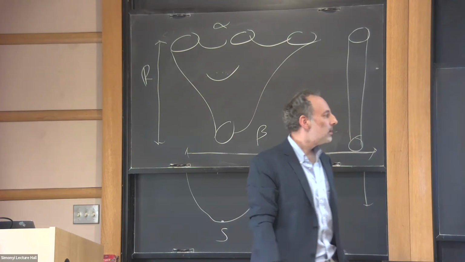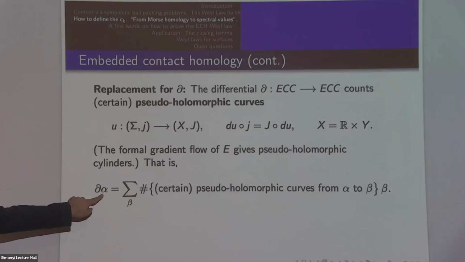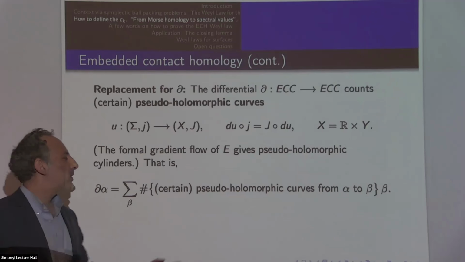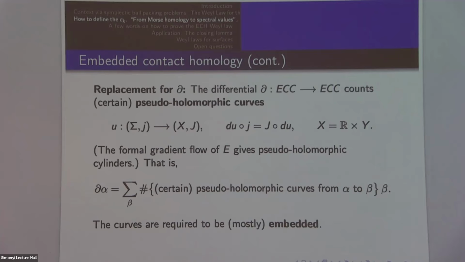Anyways, just to write this out a little bit more for you, my ECH generators are sets of orbits, and my linear map looks at all the other orbits and counts mod 2 certain pseudo-holomorphic curves from one orbit set to another.